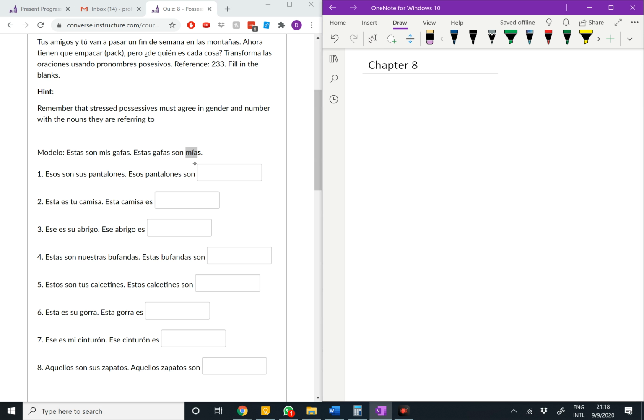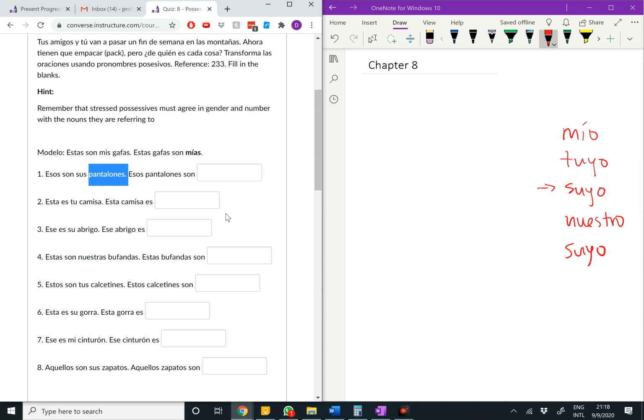The basic forms are mío, tuyo, suyo, nuestro, and suyo, of course with masculine, singular, plural, etc. Here we know sus pantalones is going to match up with suyo, but we have to find the noun. The noun is pantalones. Is that masculine or feminine? It's masculine. Is it singular or plural? It's plural. So son suyos.